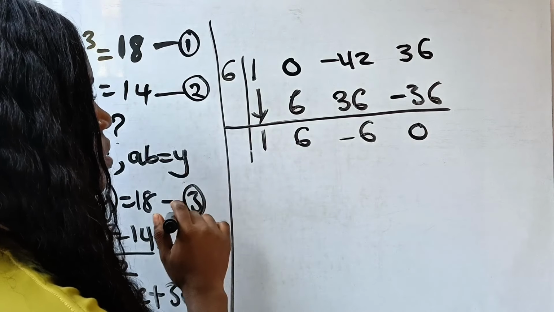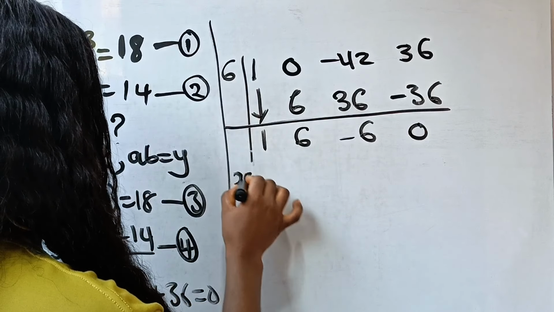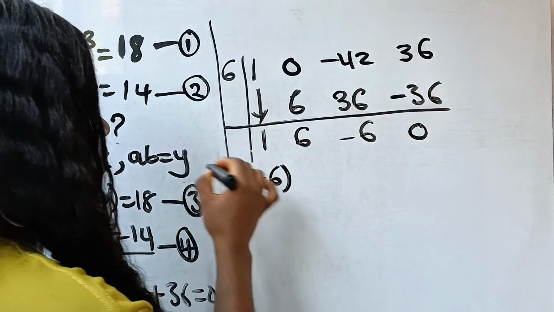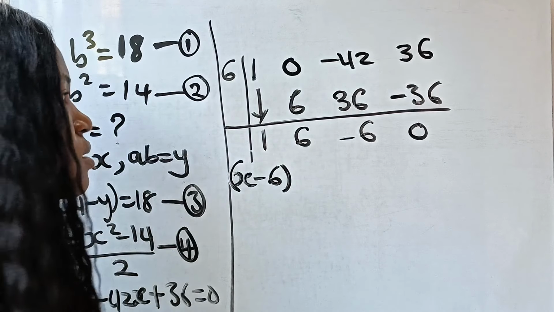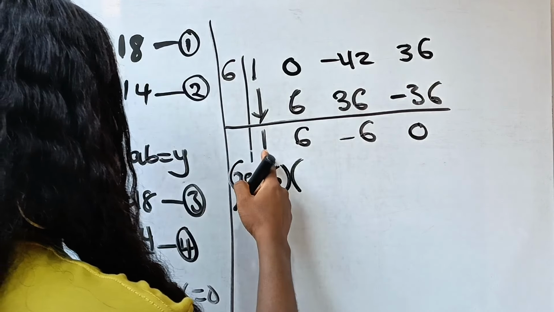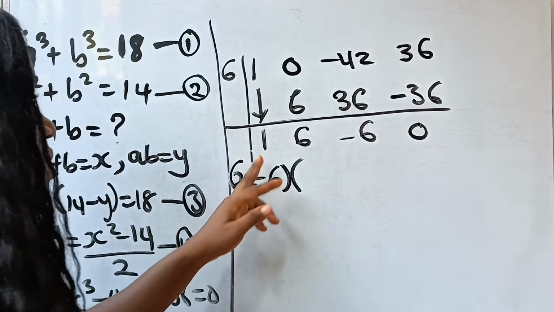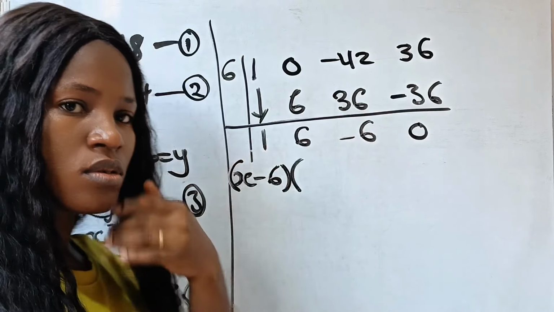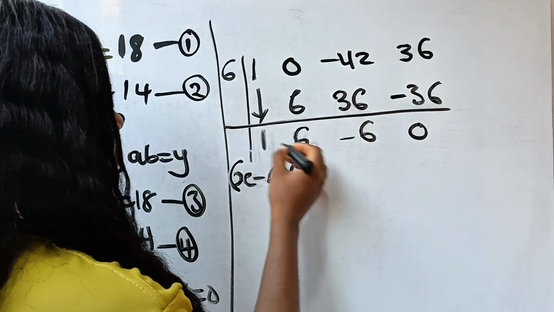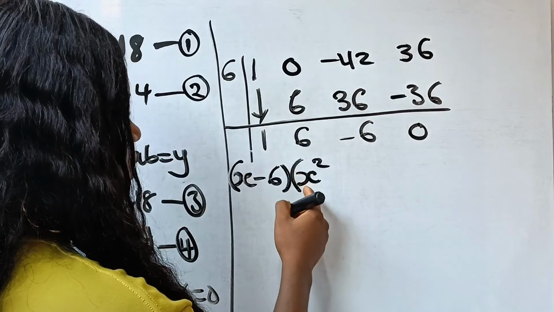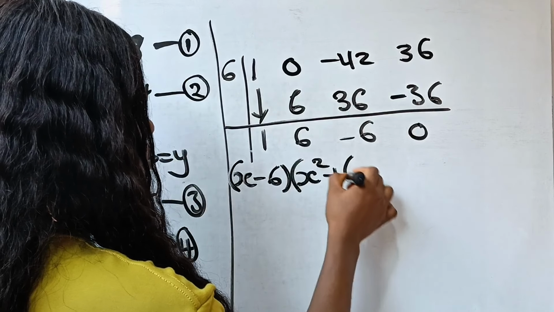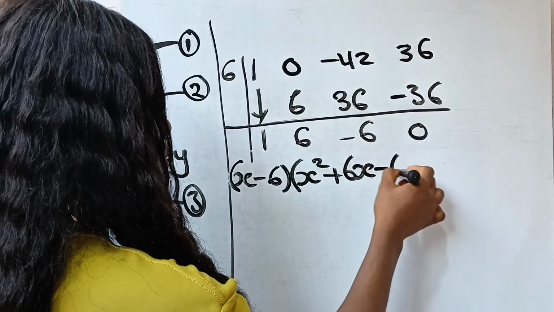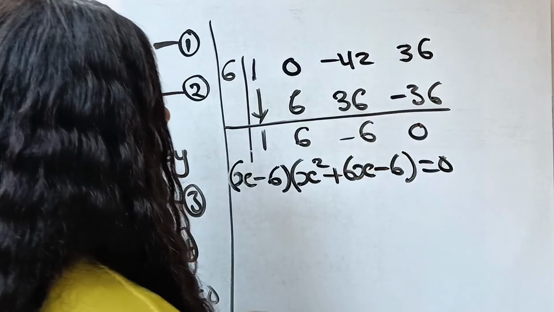Now at this point, we can say x minus 6, which is the first factor that we found, multiplied by this. This stands for the coefficients of the quadratic equation that we formed. So this will now be 1x squared plus 6x minus 6 equal to 0.